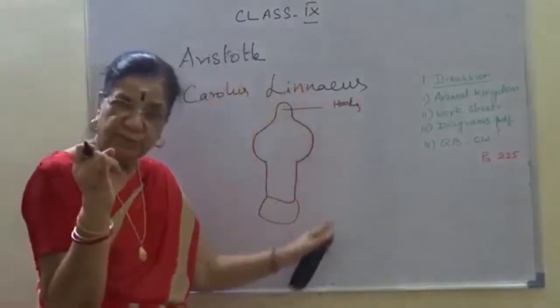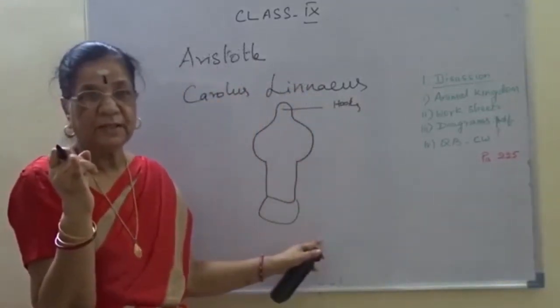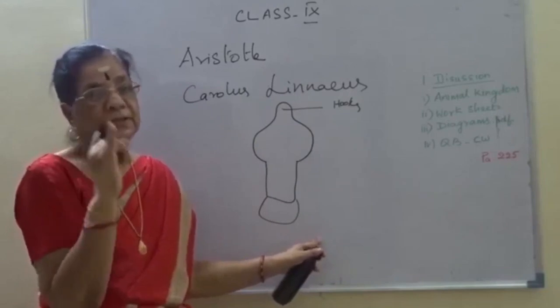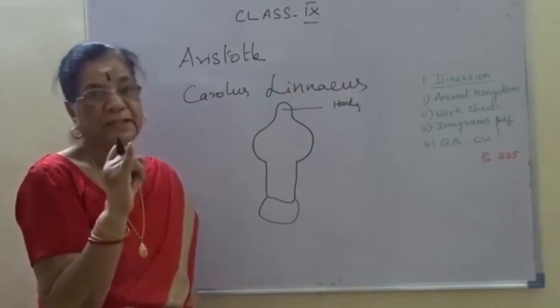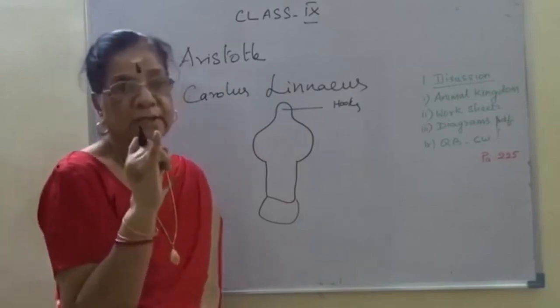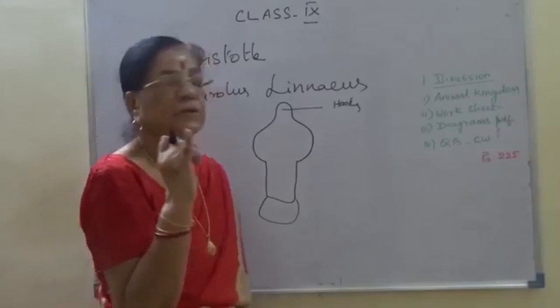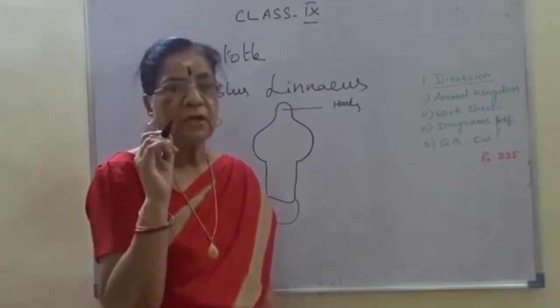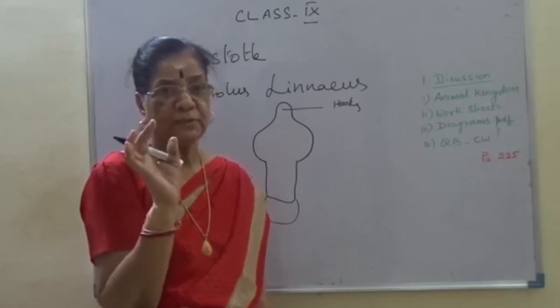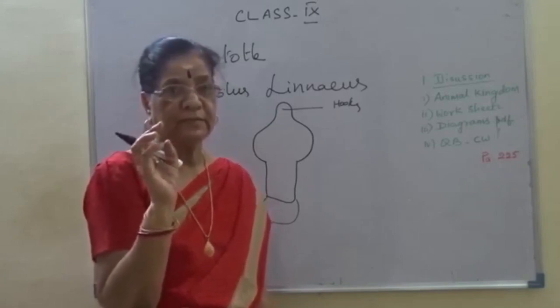Right? And for all the diagrams you will use pink or red or orange color. We will definitely use color in diagrams. Nobody should use black color. I hope I am clear.